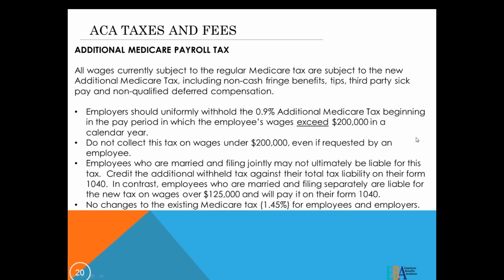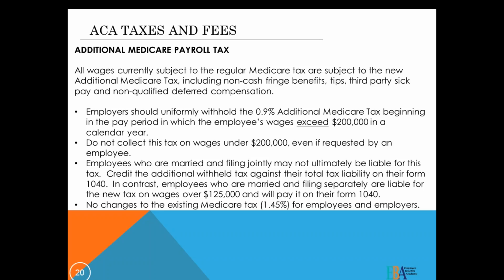So we see that all wages currently subject to the regular Medicare tax are now subject to the new Additional Medicare Tax. That includes non-cash fringe benefits, tips, third-party sick pay, and non-qualified deferred compensation. Employers should not try to determine the filing status of their employees.